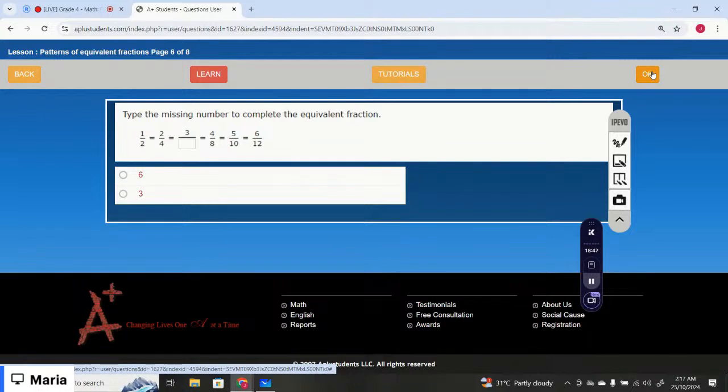Very good. 2 times 3 is 6. Option number 1 is the correct option.